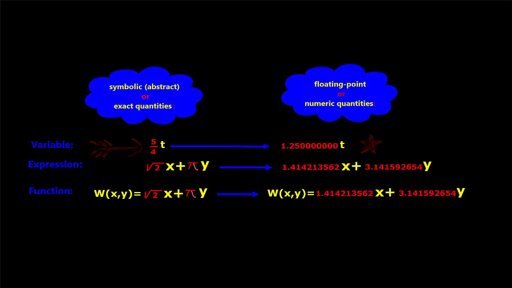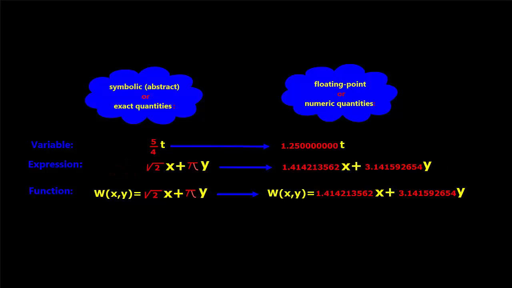For exact quantity, such as the square root of 2x plus pi y, by rounding off, or approximating, we can get the numeric quantity 1.41421356 x plus 3.14159265 y.